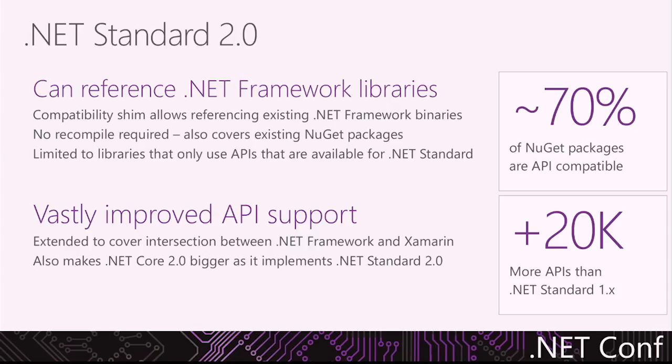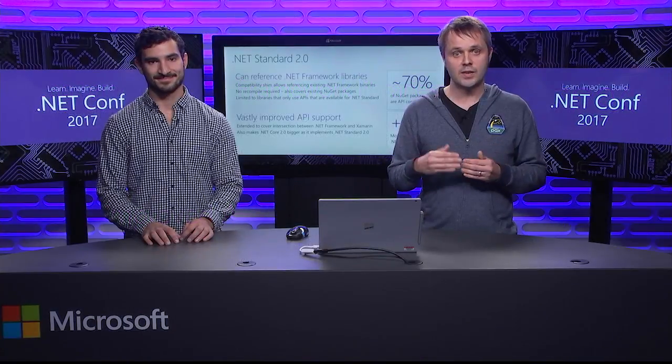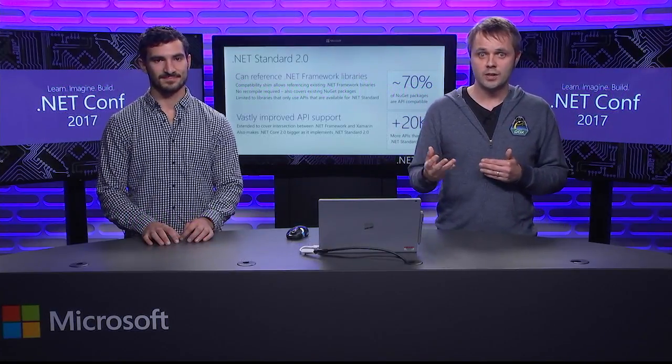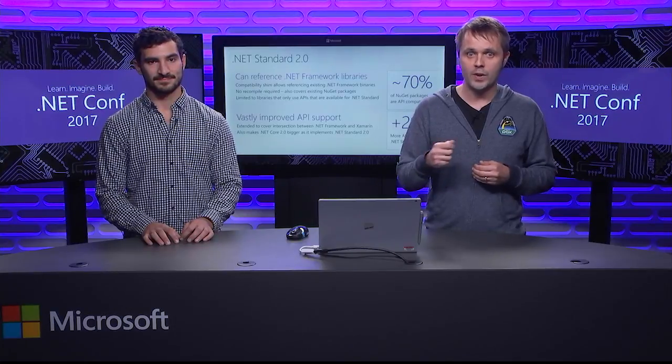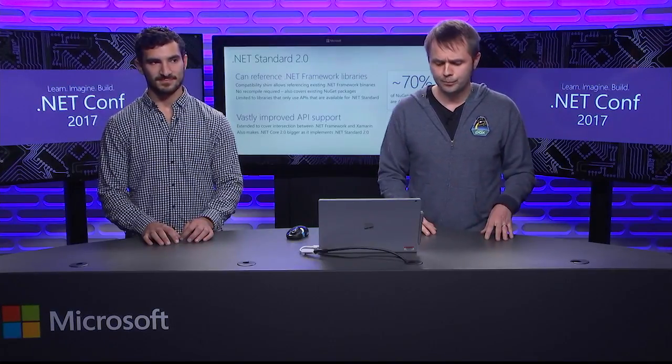So going forwards and having this story of reuse, we wanted to make sure that a class library built against .NET Standard 2 would be able to maximize reuse and reference the majority of those .NET Framework class libraries. And today, with .NET Standard 2, we're able to light up 70% of the libraries in NuGet in terms of what we can reference from a .NET Standard 2 library.